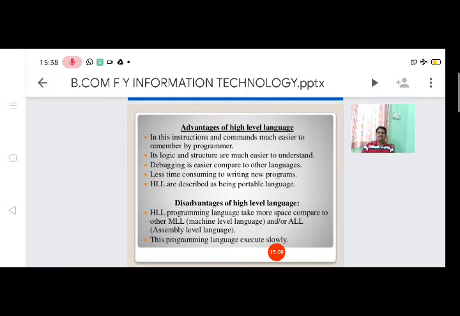Then the third type is a high level language. The high level languages are the most used and most considered programming languages that help programmers to read, write and maintain.